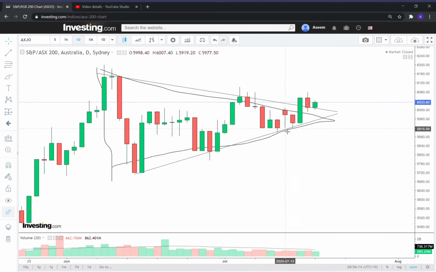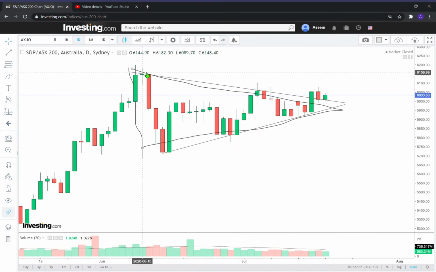Alright, so if you see these diagonal lines, they are making a formation of a triangle. And this line is showing that this big green bar, which was a very strong rally the other day we saw on 15th of July, wherein the markets shot up from 5940 to 6050 kind of a range, and then the very next 2 days it's been taking a pause.